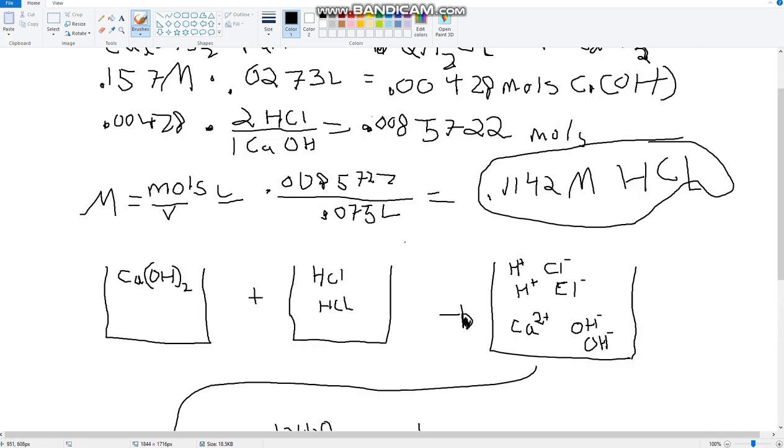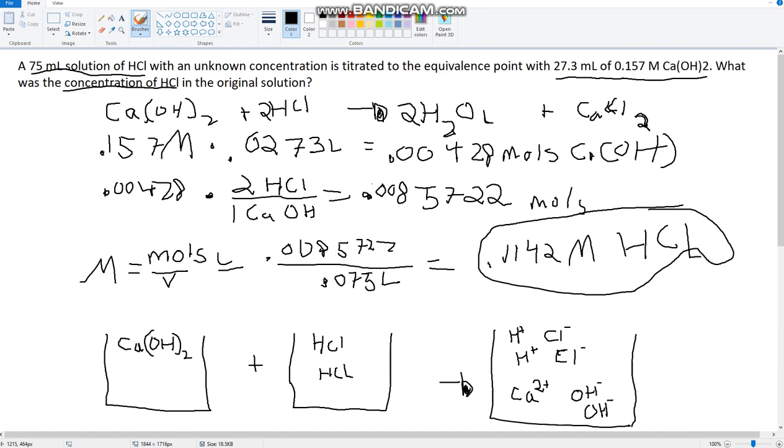Some people may have some problems getting to this answer because one thing they didn't do is get the moles. They instead used molarities, didn't convert to moles, and instead plugged the molarity here instead of putting the moles, and that gave them a wrong answer from the start.